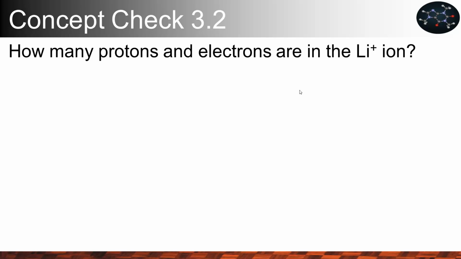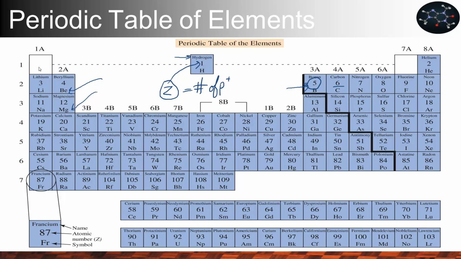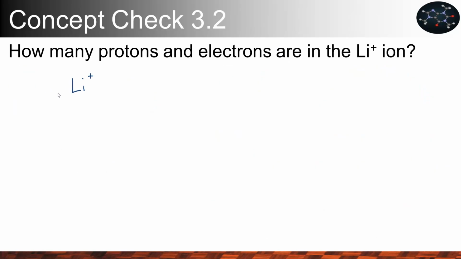Okay, so how many protons and electrons are in the lithium atom? To puzzle this out, we have to know where lithium is on the periodic table. So we scroll back to our periodic table. We look at lithium over here. See, it has a Z value of 3.